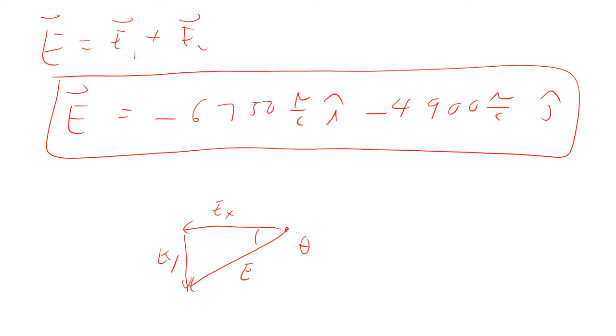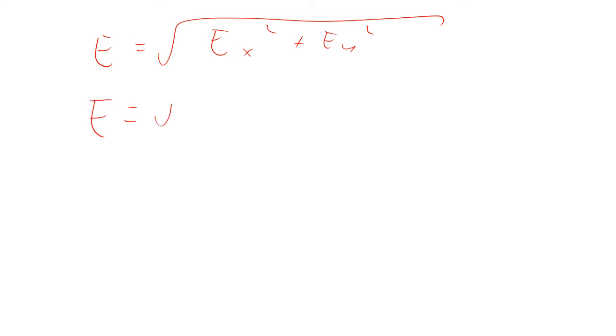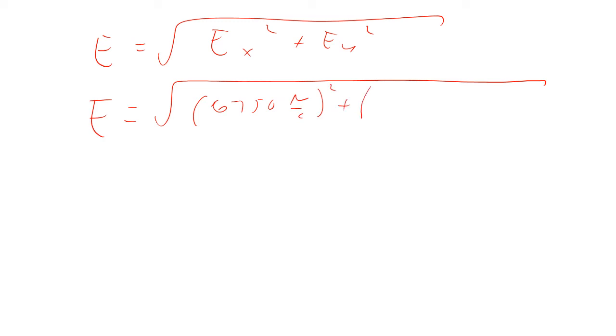Okay, Pythagorean theorem gives us the magnitude of it. So that's going to be the square root of Ex squared plus Ey squared. And so that'll be the square root of the 6750 newtons per coulomb squared plus the 4,900 newtons per coulomb squared.